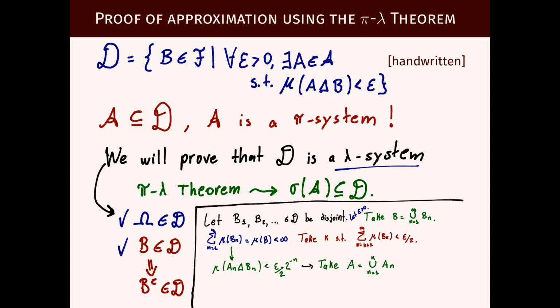And to conclude, we can take A to be the finite union where n ranges from 1 to k of these An's. Since this is a finite union and these sets An are in the algebra A, then this finite union will also be in A, and now we just have to estimate what will be the measure.